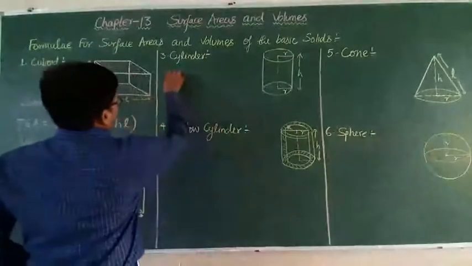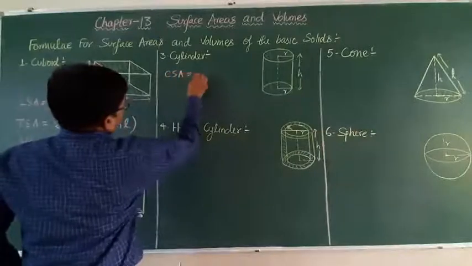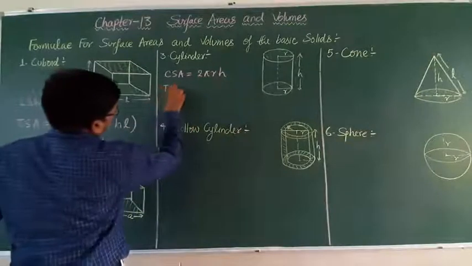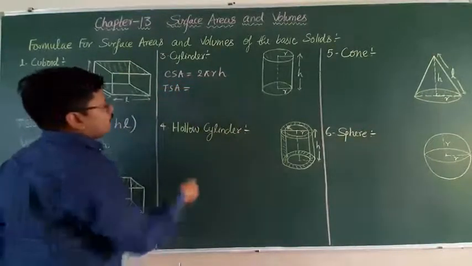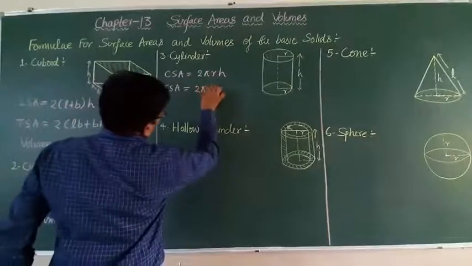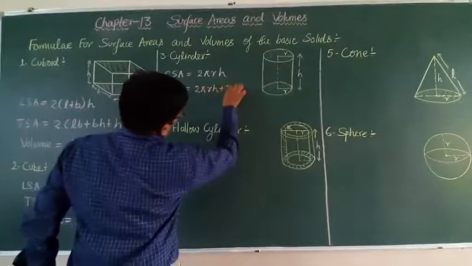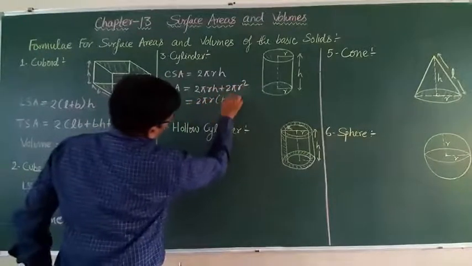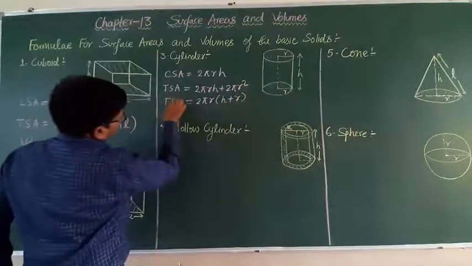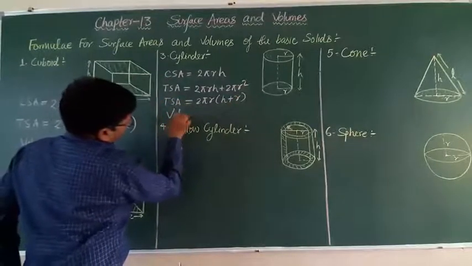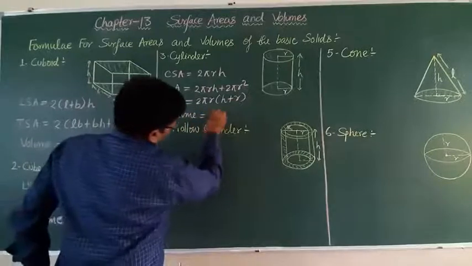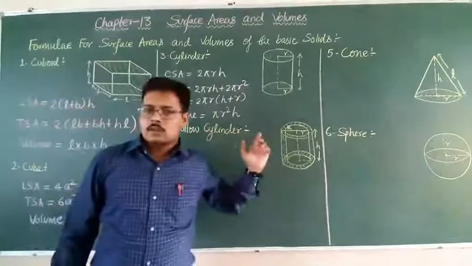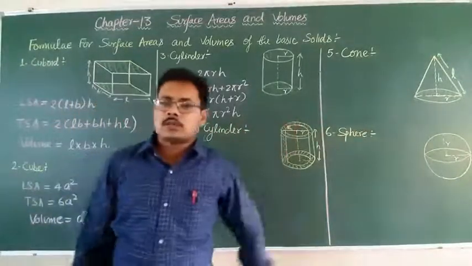So CSA of the cylinder is 2 pi r h, and for the TSA you add the area of top and bottom. So it becomes 2 pi r h plus 2 pi r square, that is 2 pi r (h plus r). That is the TSA. And the volume is pi r square h, where r is the radius of the base and h is the height of the cylinder.